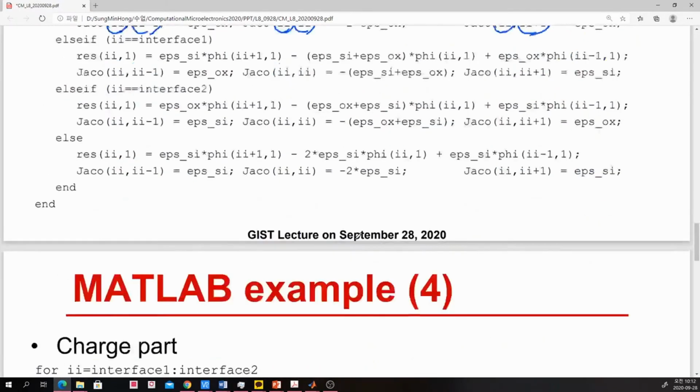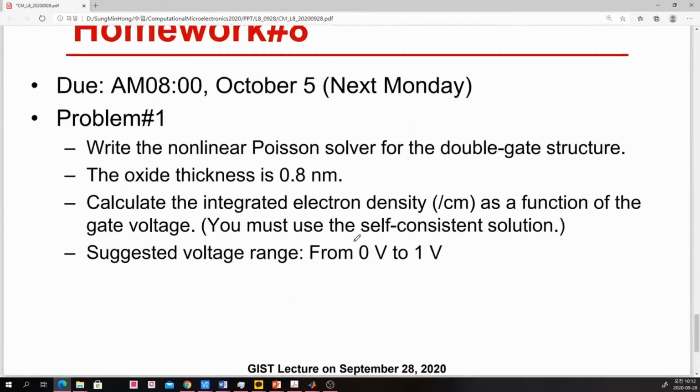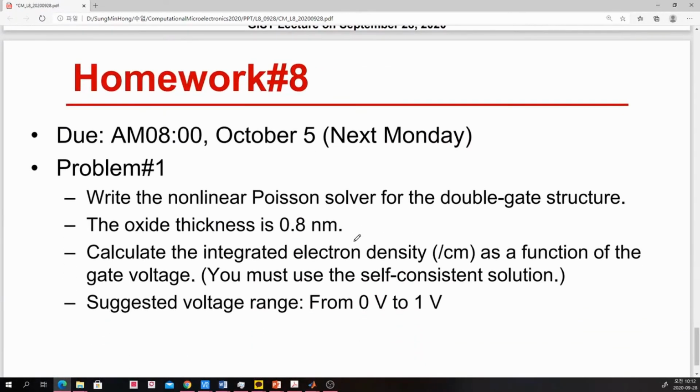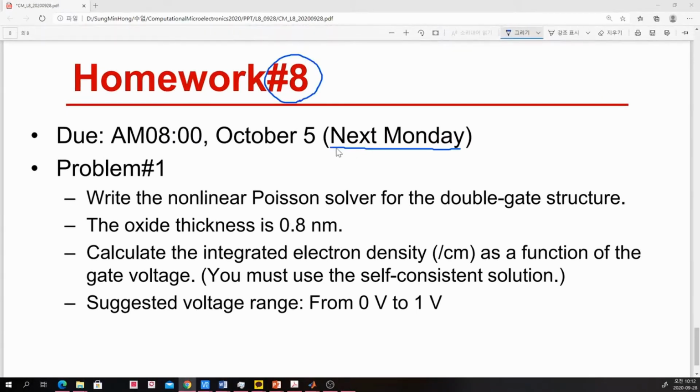Now let me wrap up this lecture. Since we have Korean Thanksgiving Day this Wednesday, the due date is next Monday, and the task is to write the nonlinear Poisson equation solver on your own.